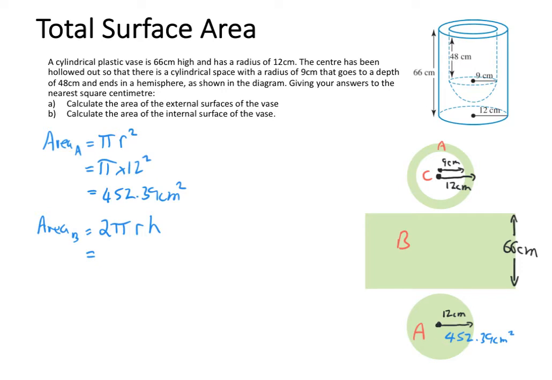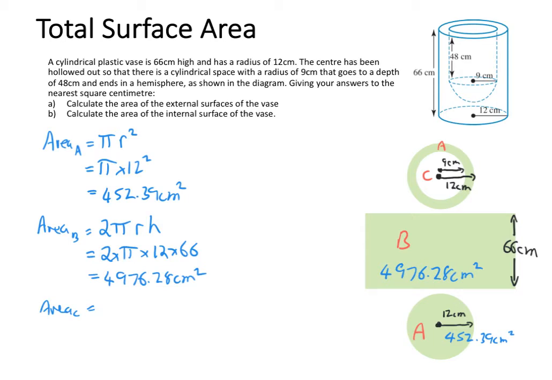So substituting in my values, 2 times pi times 12 times 66, which is my height, is going to equal 4,976.28 centimeters squared. So adding that into my net, 4,976.28 centimeters squared. And the last area I need to calculate, area of C, which is the hollowed part of the top of this vase.